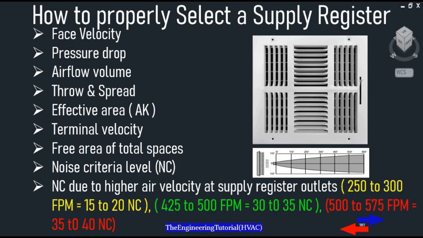If the face velocity of 425 increases to 500 FPM, the NC level will also increase from 30 to 35. And if the face velocity of 500 FPM increases to 575 FPM, the noise criteria will also go up from 35 to 40.